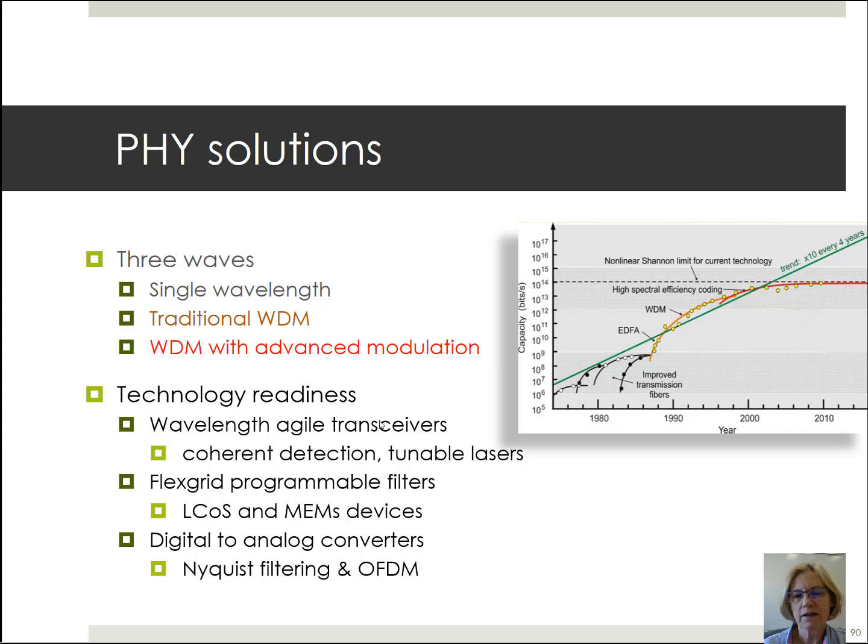And this has been enabled by two technologies: coherent detection, so the detection of advanced modulation formats, also gives us the ability to easily tune to a particular wavelength by exploiting tunable lasers. So these two technologies have been key in developing transceivers which could be easily assigned to any wavelength, easily reconfigurable, both at the receiver and the transmitter.